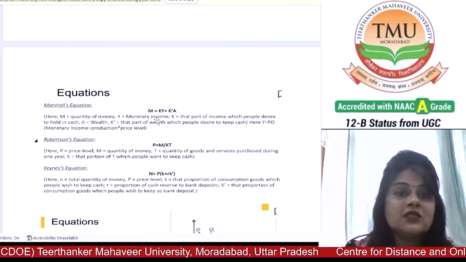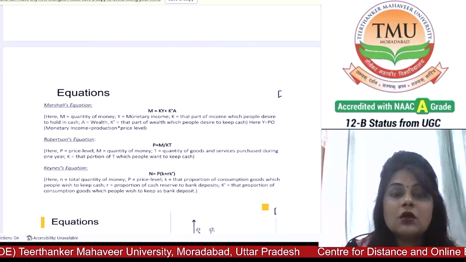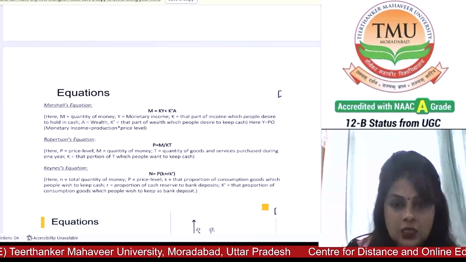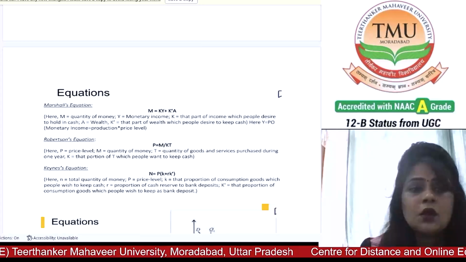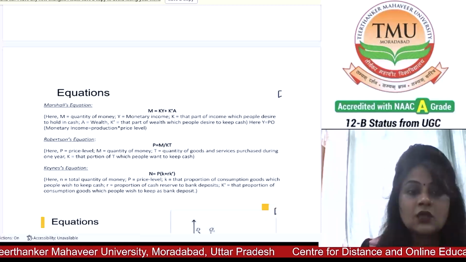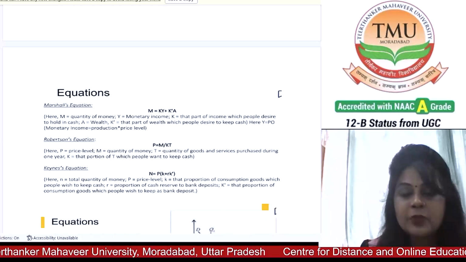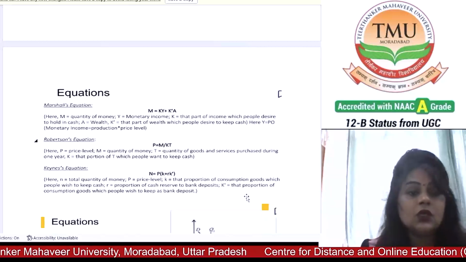Marshall's equation: M = ky + k'a. Here Marshall explained clearly the substance of the cash balance approach version of the quantity theory.